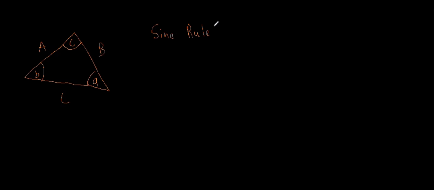And the sine rule states: a all over sine A equals b all over sine B equals c all over sine C. Now, in English, this basically translates to, now listen carefully, the length of a side all over the sine of the opposite interior angle equals the length of the other side all over its corresponding opposite interior angle equals the length of the other side all over its corresponding opposite interior angle.